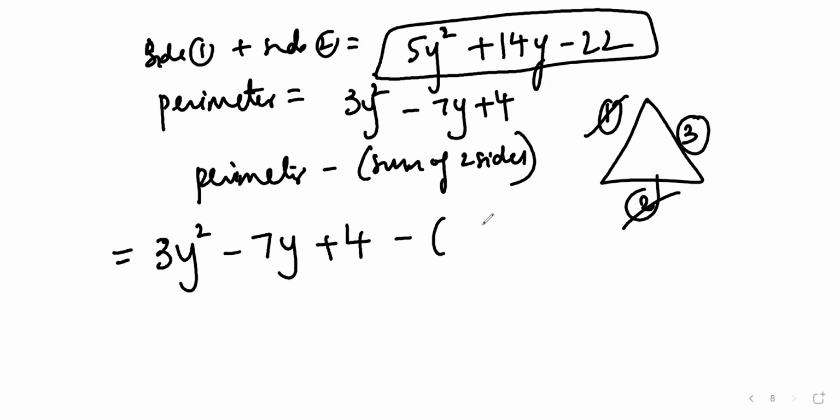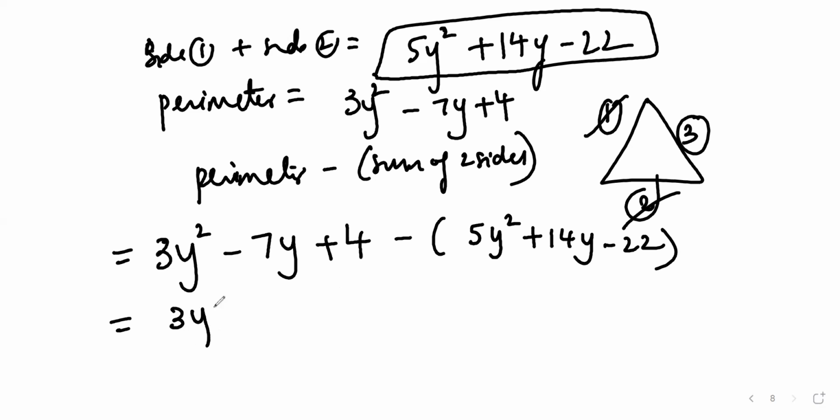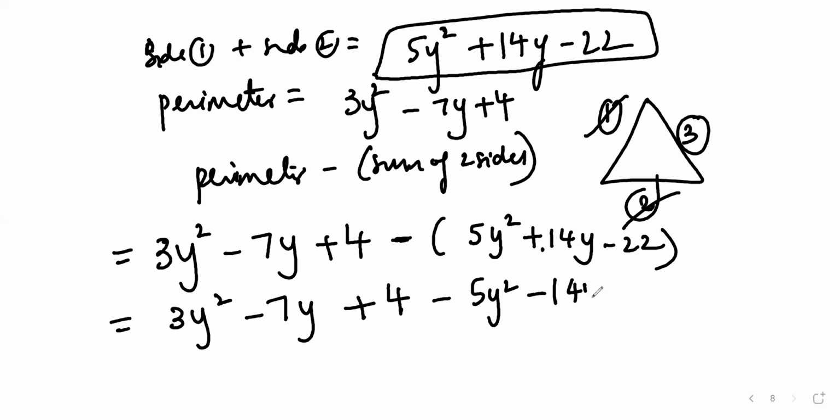What is the sum of the sides? 5y square plus 14y minus 22. So in this sum, we have seen a case of addition and subtraction. It is simple, but if you understand the logic, minus 5y square. Now, because there is a minus outside, you have to change the signs of the terms inside the brackets when you take them out. So plus becomes minus, and minus becomes plus 22 here.